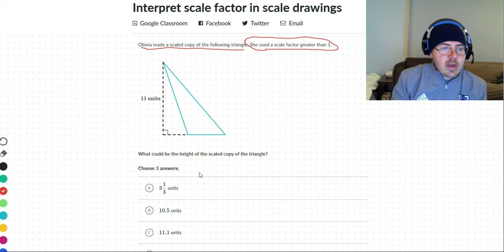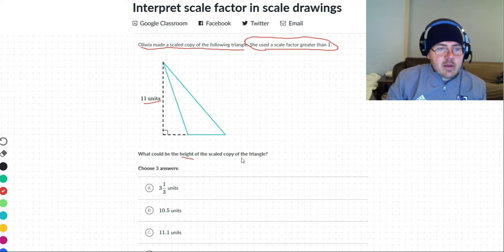What could be the height of the scaled copy of the triangle? They're talking about the height, which is here. If we're multiplying by something greater than 1, it would have to be bigger than 11. So that's out, and that's not it either.